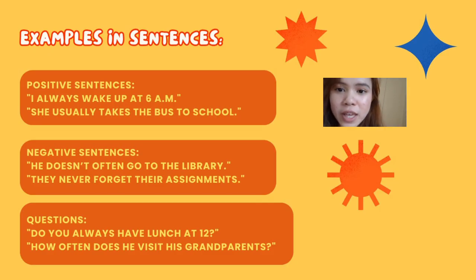They never forget their assignments. And for questions, do you always have lunch at 12? And how often does he visit his grandparents? These examples show how adverbs of frequency can be placed in positive, negative, and interrogative or question forms.